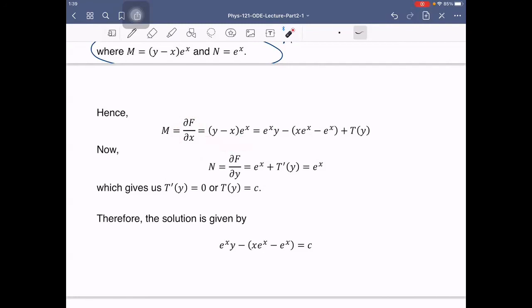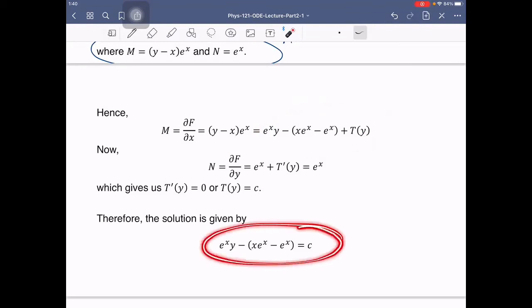And if we integrate that, we have this one. Okay, and comparing that with n, which is just equal to e raised to x, making ganito lang siya. And by comparison again, as you can see, wala naka-add dito, so 0. Okay? So t prime of y is now equal to 0, which is just a constant. So therefore, the solution is just this one plus kung ano yung t of y, which is c.